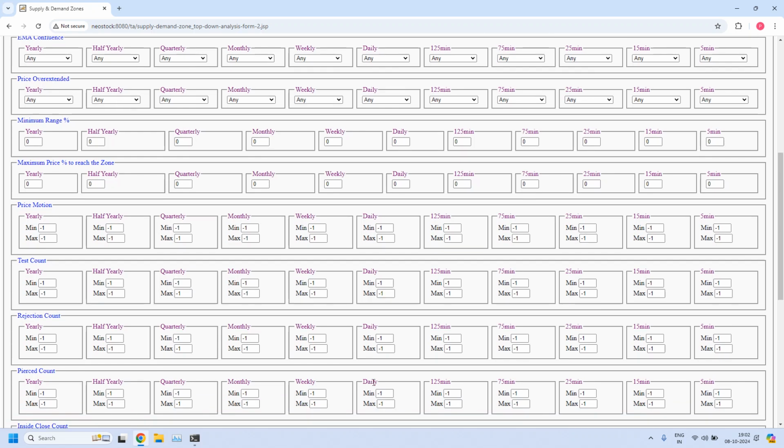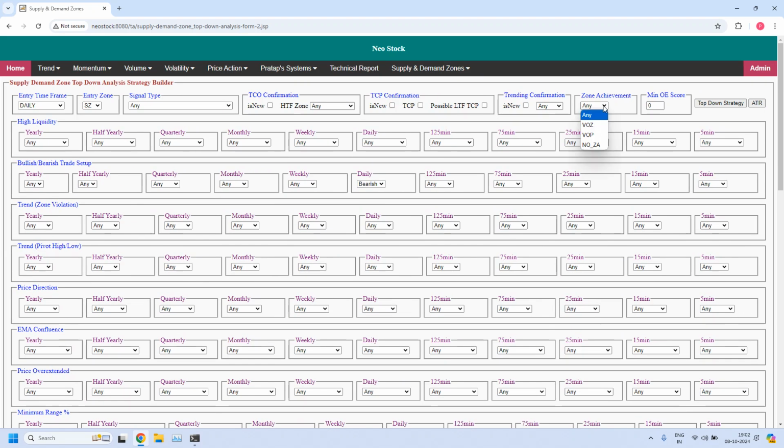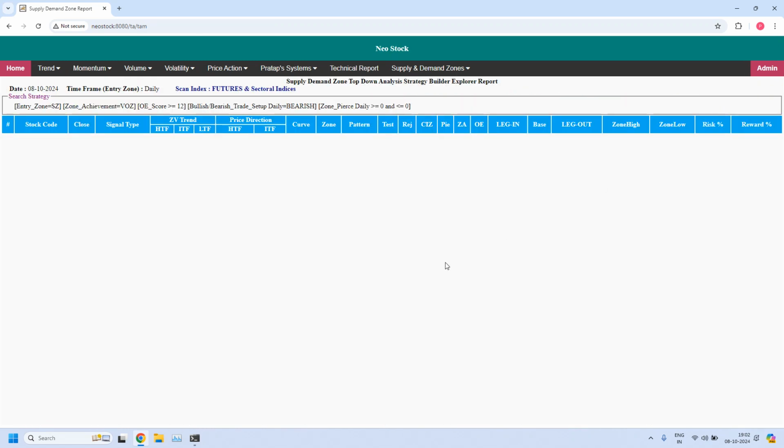So in the pierced count daily time frame, minimum value I am setting 0, maximum value 0. That means the zone is not pierced. Zone achievement is violated opposing zone. Minimum odd and enhancer score is 12. Now let's filter. No stocks. Currently none of the stocks are supporting bearish trade setup for monthly income trade.